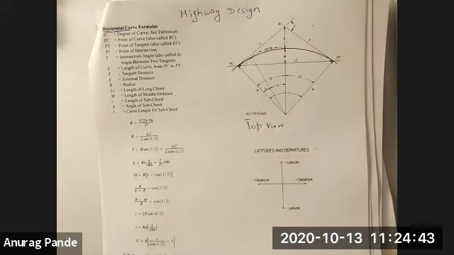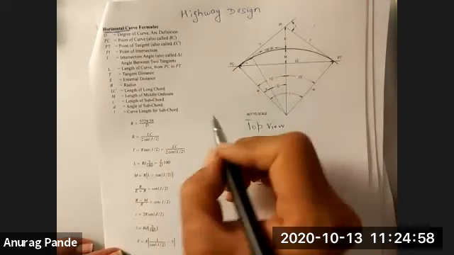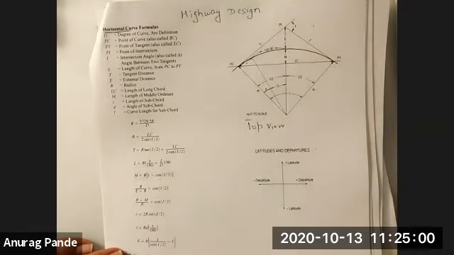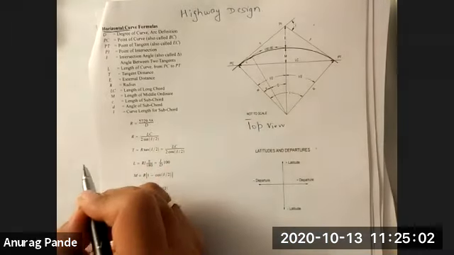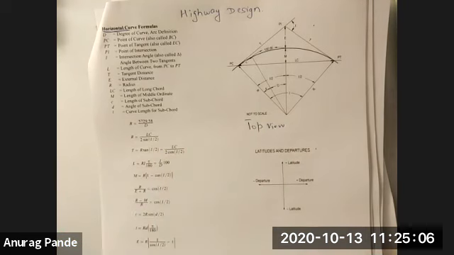And horizontal curves are provided so that you have a smooth change in direction. Remember, I'm saying smooth change in direction. Sometimes the change in direction is not smooth, right? You talk about your intersection.